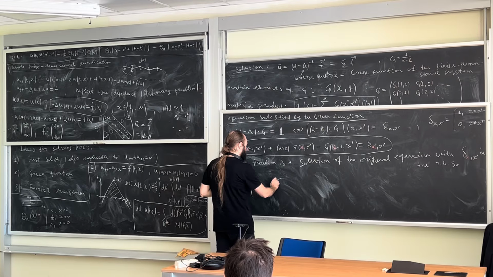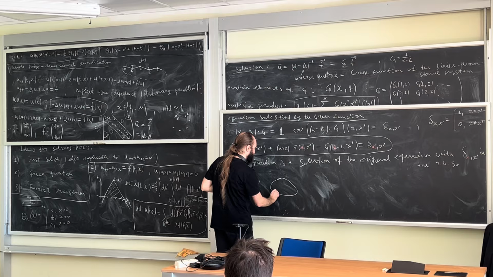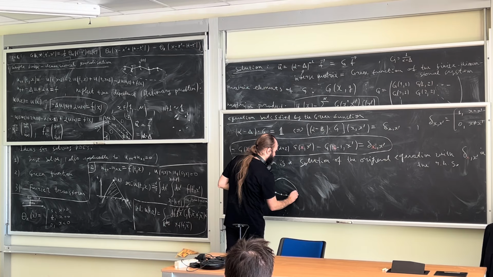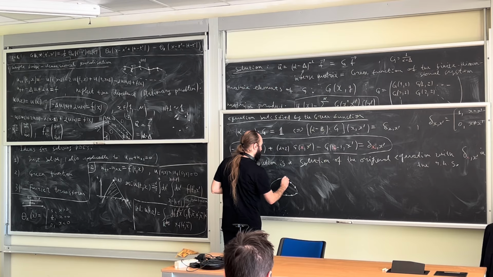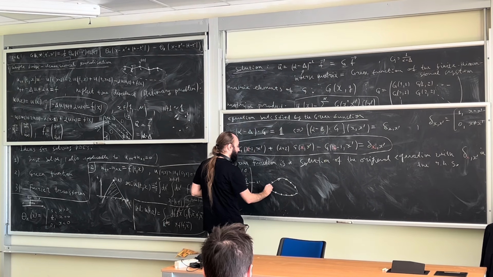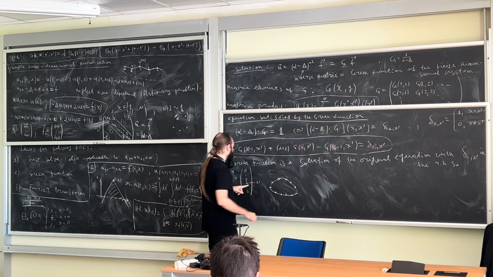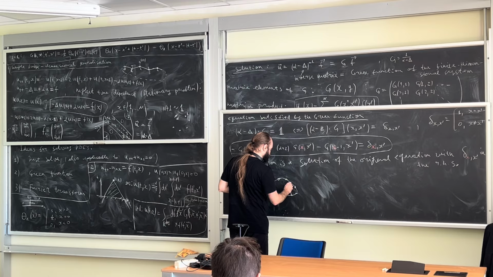We have a circle with many points, and this right-hand side equals 0 everywhere except point x prime where it equals 1.